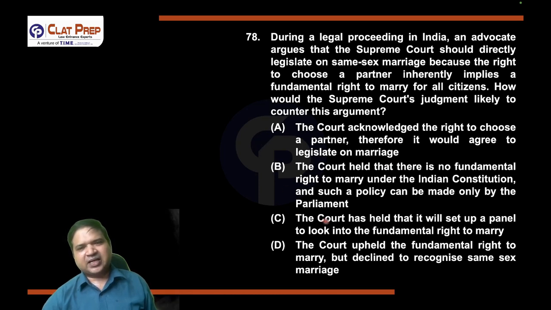This is again an imagination, and this option is bringing extra information that is not mentioned in the passage. This is a pure imagination. Option D says the court upheld the fundamental right to marry but declined to recognize same-sex marriage. No, the court has specifically said that there is no fundamental right to marry. So we will stick with B as the correct answer.